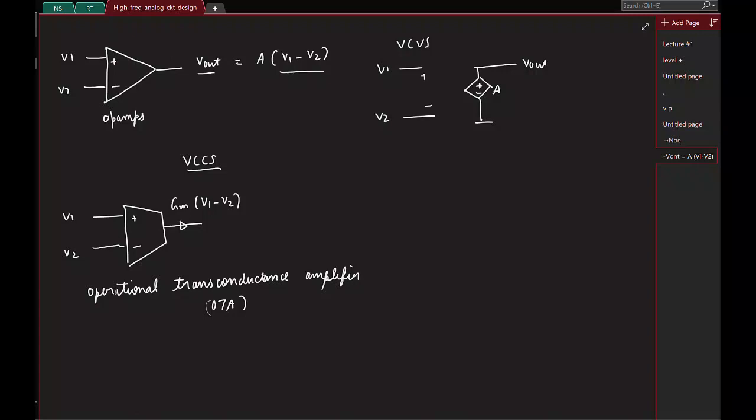Of course, this current will flow through the output resistance this block has, and that will give our output voltage to be GM R out times V1 minus V2. So basically you still realize the output voltage to be a large gain times the input difference voltage. So what is the difference between these two?